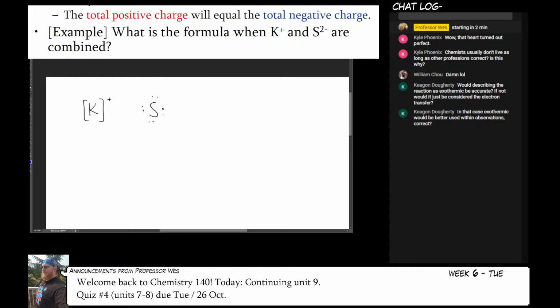So I'm going to draw the Lewis symbol for both of them. And so now that I have made these ions here, I want to balance their charges out. So if I were to combine these together to make this formula, because I have one K and one S, what would the total charge be? Well, it'd be positive 1 and negative 2, right?